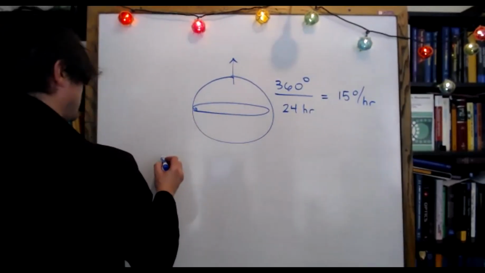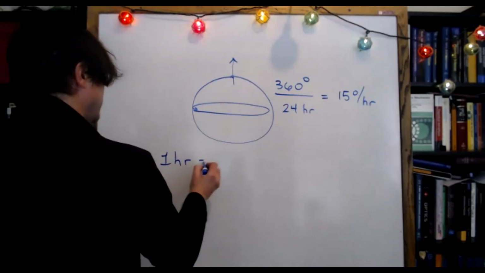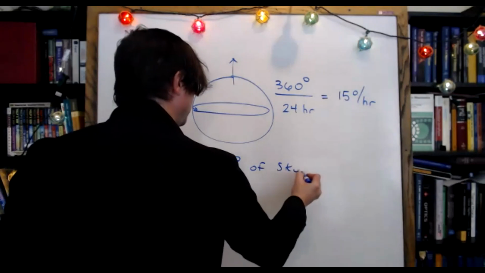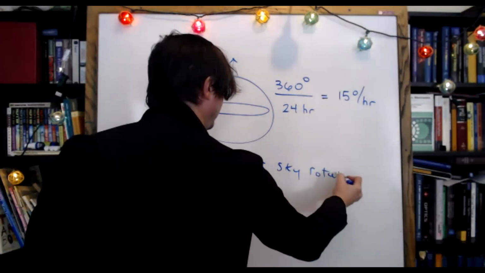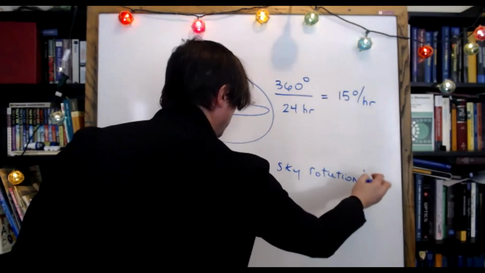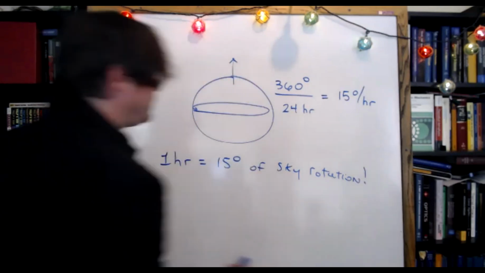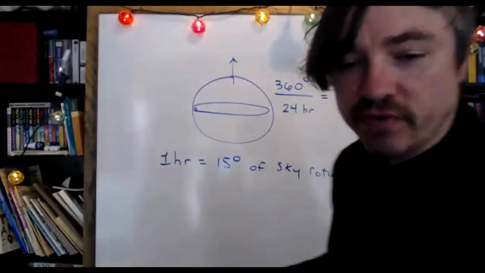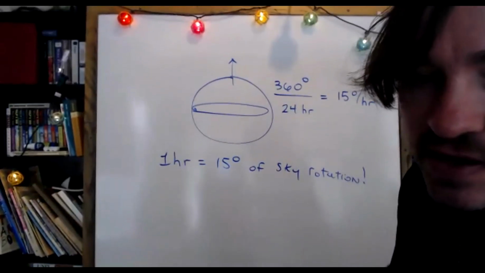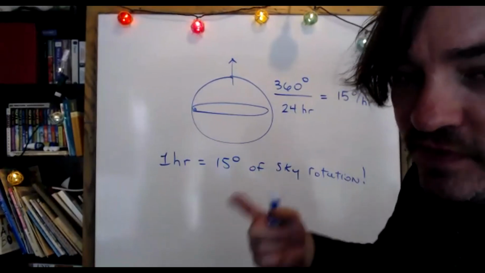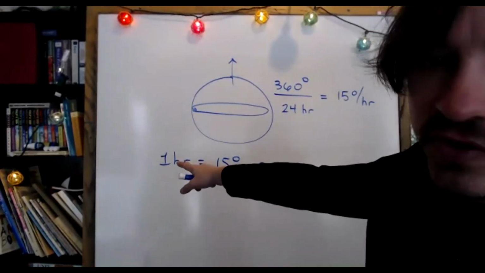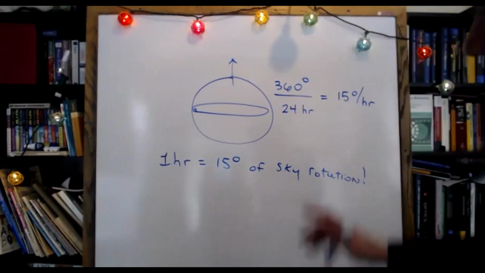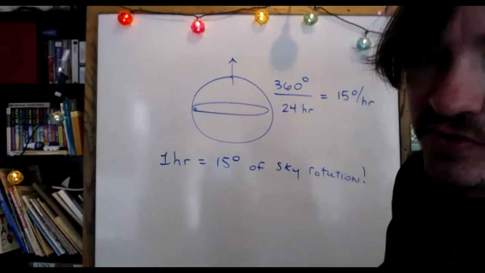And it goes like this. 1 hour is equal to 15 degrees of sky rotation. So we could measure the rotation of the sky in degrees, or we could measure the rotation of the sky in hours. Since the sky is constantly moving, it turns out to make a little more sense for us to measure the rotation of the sky in hours and to measure the coordinates of stars in hours as well.